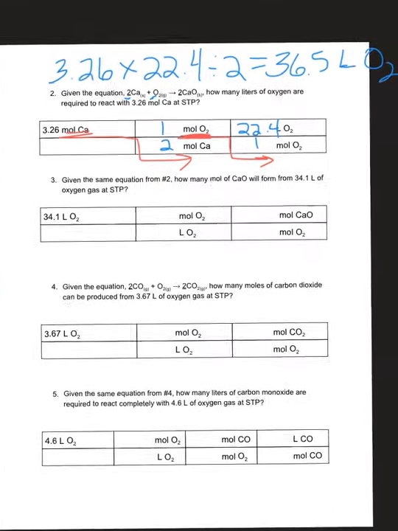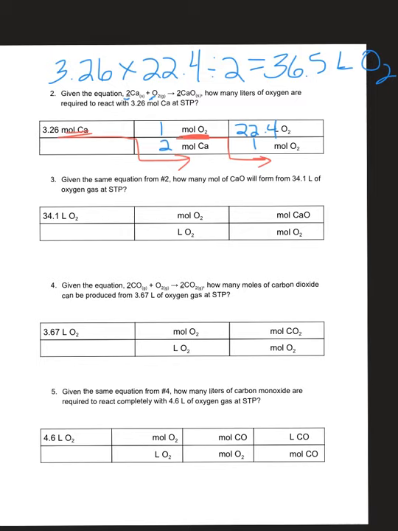So I did the first two for you, okay? The next three, you're on your own. Everything's there for you. All the units are laid out. Your only job is to fill in the numbers where they go and type it in correctly in the calculator.